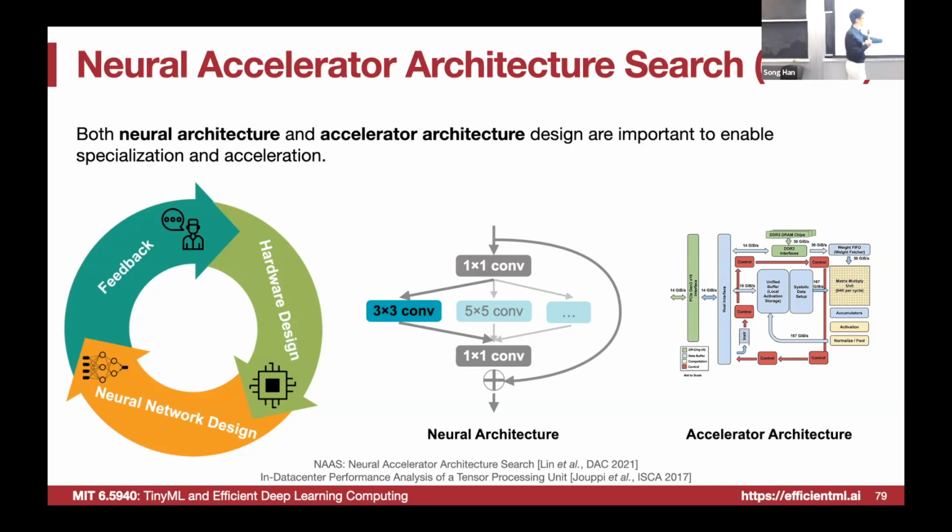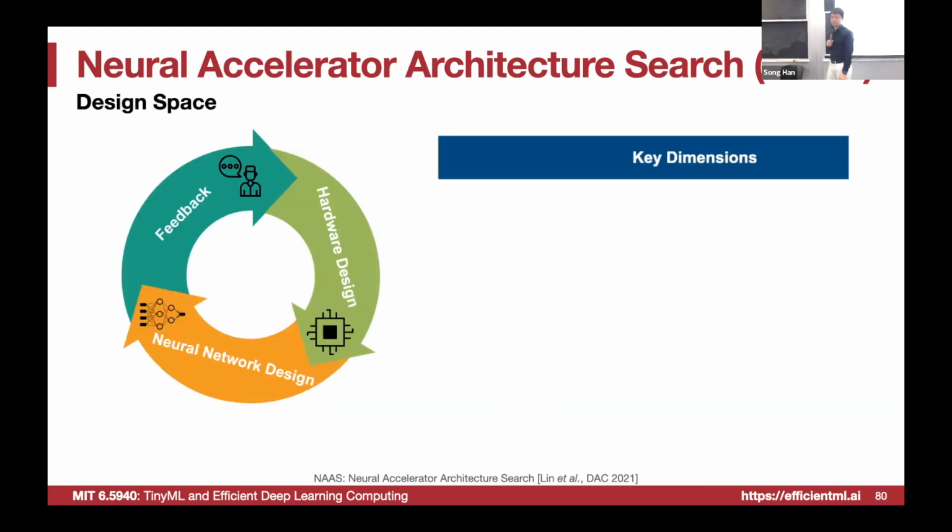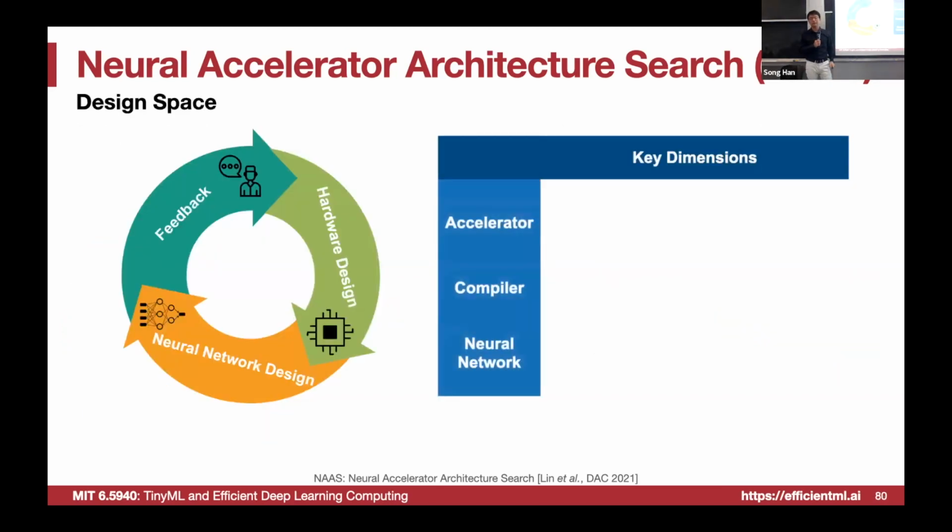Okay? So this is the neural architecture and accelerator architecture visualization. And what is the design space? What are the key dimensions in the design space? We can break it down into 3 levels of hierarchy, from the hardware part to the software part, with the compiler in the middle.